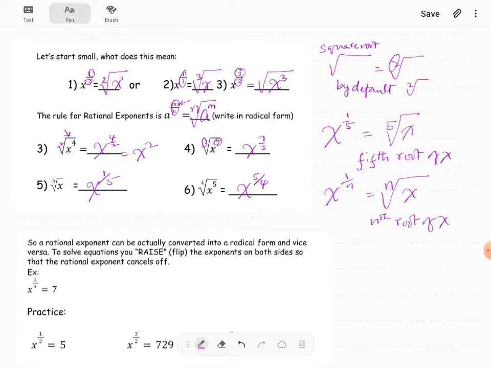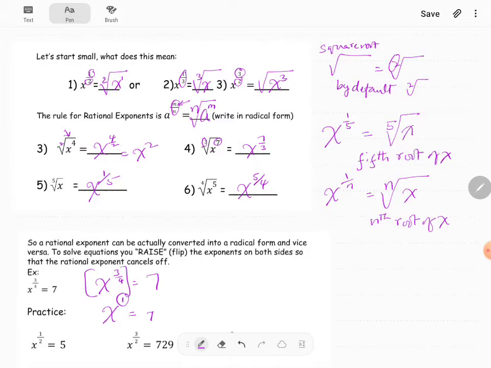This will be a helpful concept for us to solve equations with rational exponents. Here I'll write this big: x to the 3/4 equals 7. We need to bring this to x equals, meaning the exponent should be 1. How would I make this 1?